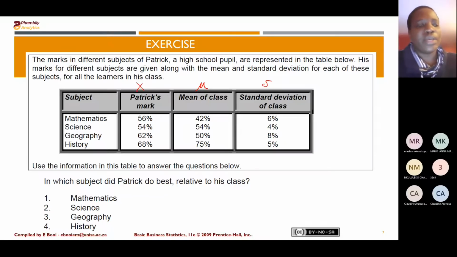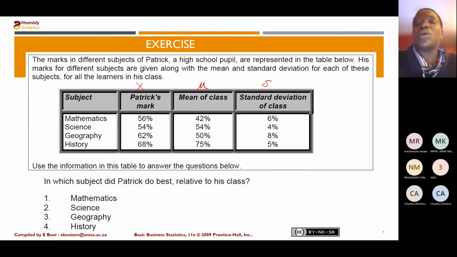Also you must remember that it's for each subject area. Use the information in the table to answer the questions below. In which subject did Patrick do better relative to his class?